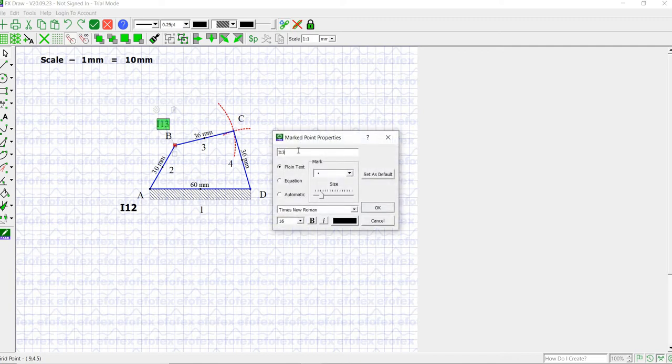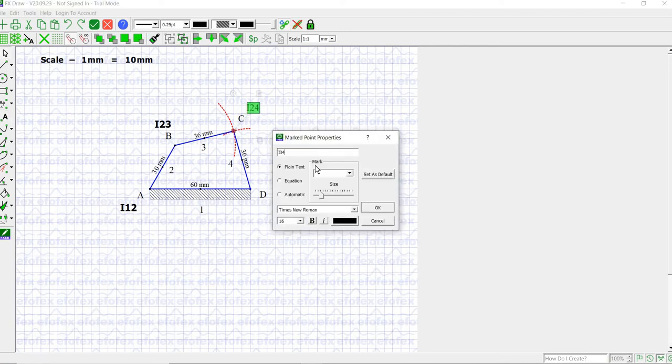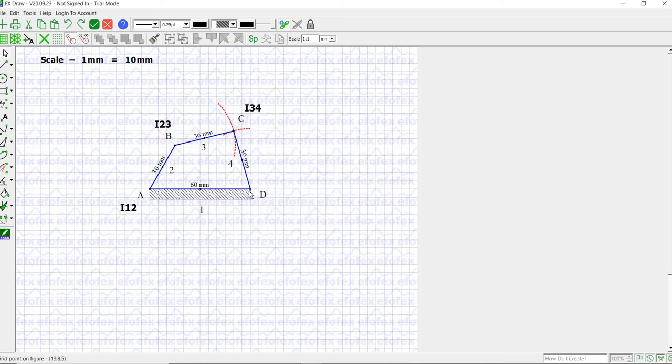Between 2 and 3 is I23. This hinge point is between 3 and 4, so that is I34. This hinge point is between 1 and 4, so that will be I14. Now we have located all the 4 fixed and permanent instant centers.